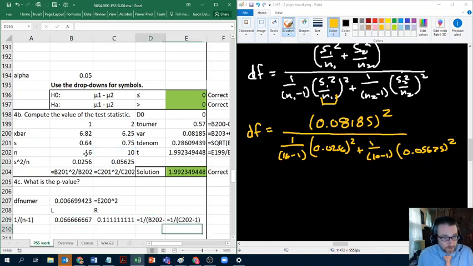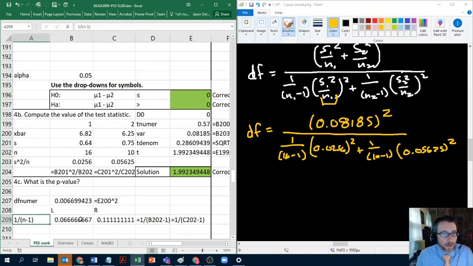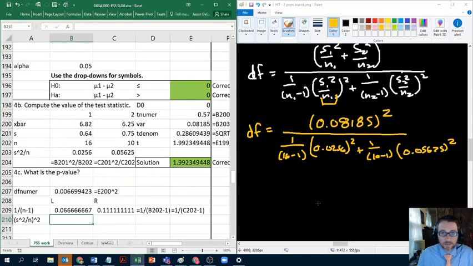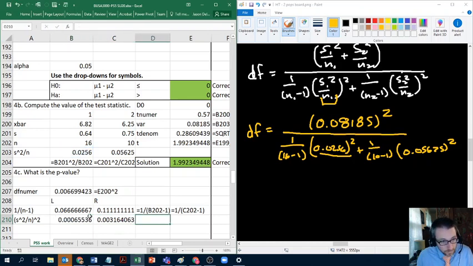So these are these two values. Then I'm going to do my s squared divided by n squared. That's this part right in here. I have to do that on the left side and the right side, so I have to square this 0.0256, and then square the 0.05625.